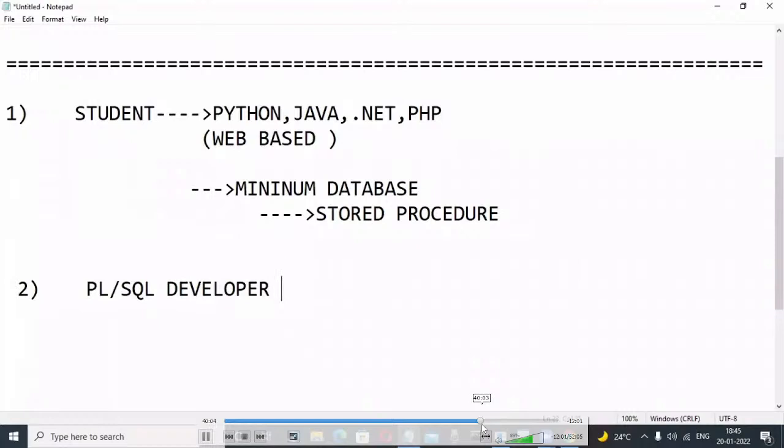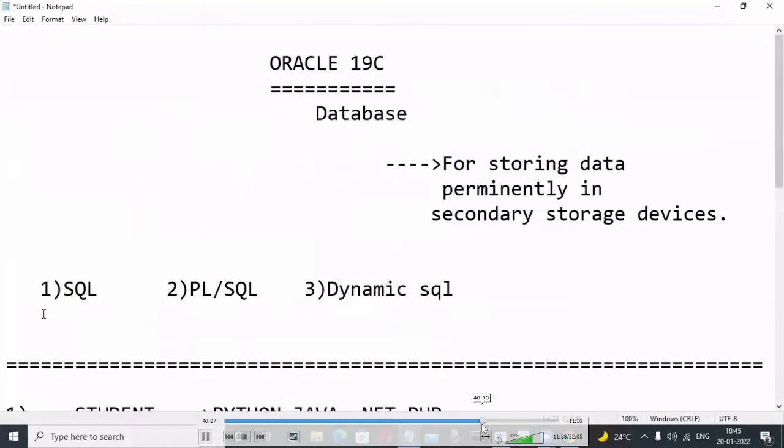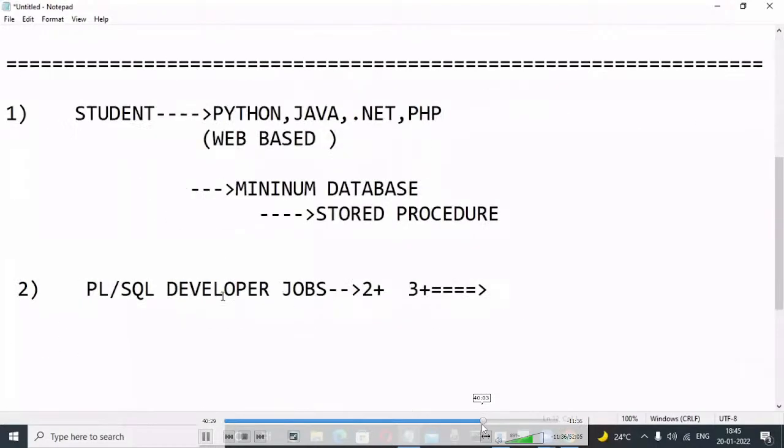Without any knowledge of Java, .NET, or front end, maybe as non-technical persons without very good programming skills, PLSQL developer jobs are there, even with a 2 or 3 year gap. Those persons are in our course, learning PLSQL for developer purposes. So many fellows are learning this course from me.